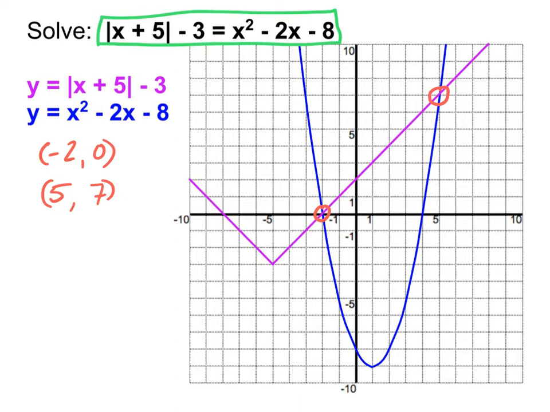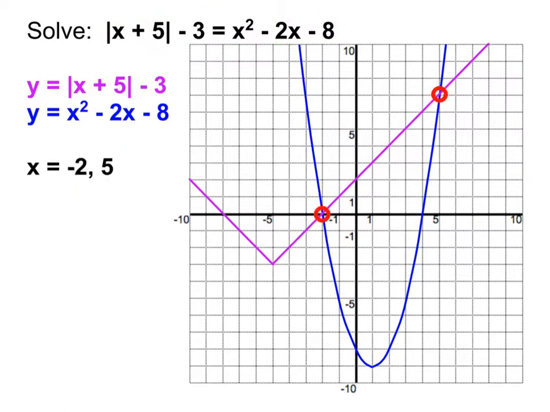Notice that original equation didn't have the y's in it. The y's only come from this intermediate step that we put in. The only reason why the y's exist is because we put them in there in order to be able to make a graph, so that we could see where they intersected. But since y is not actually part of the original equation, it wouldn't make sense to give the y values as part of our answer.